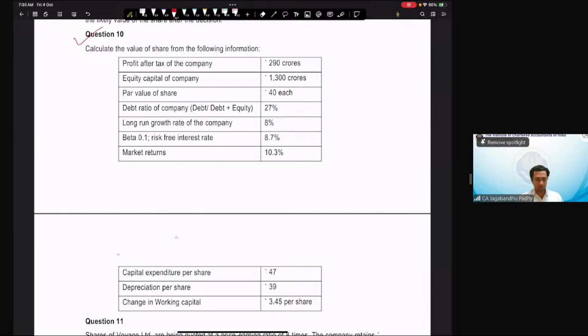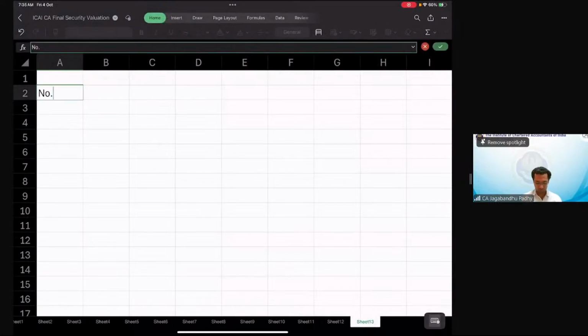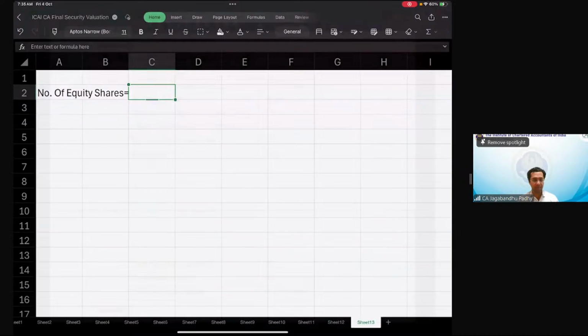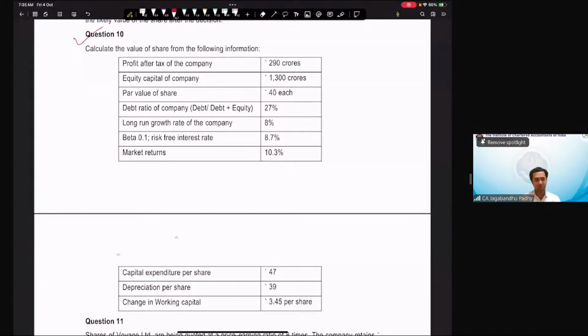So number of shares. What will be the number of equity shares, guys? The number of equity shares will be: 1300 crores is the share capital, which is divided into shares each having a face value of 40.